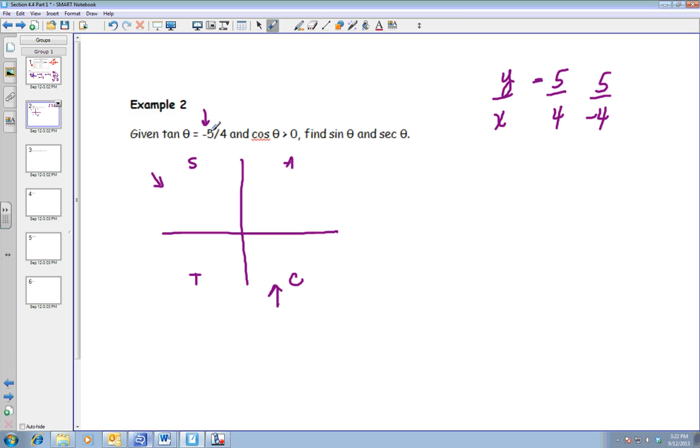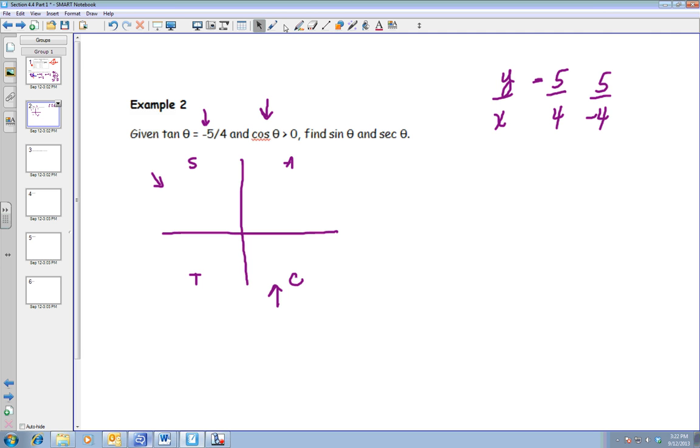But then they also give me this restriction. Out of these two quadrants, in which one is cosine positive? Cosine is greater than 0. Greater than 0 means positive. Cosine is positive in this quadrant. It's negative here. So between these two quadrants, cosine is positive in this fourth quadrant. So that's the quadrant I'm going to draw my triangle in.